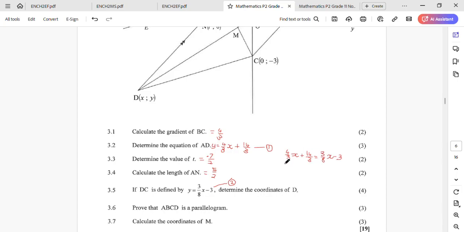Okay, so it's going to be 4 over 3 minus 3 over 8, which is 23 over 24.